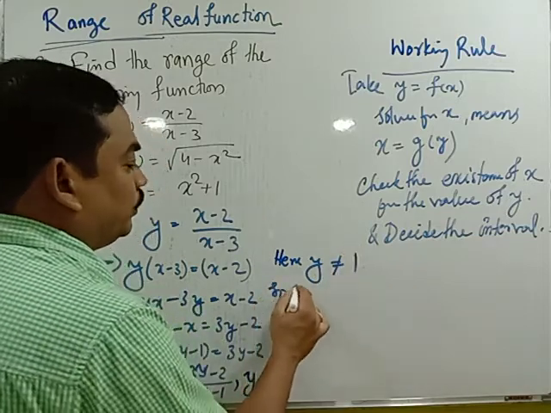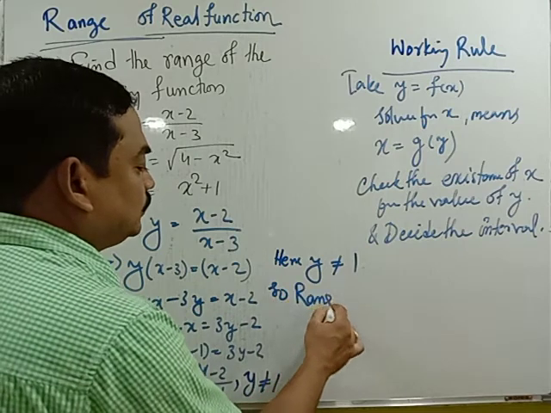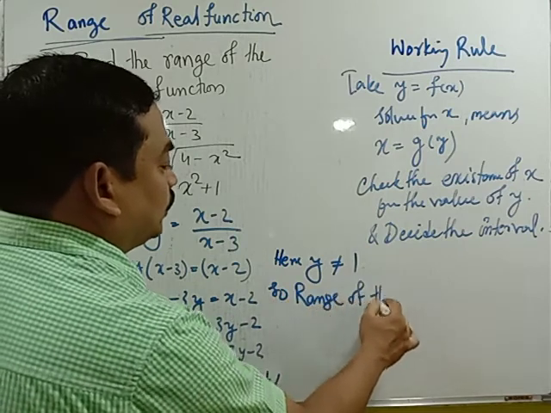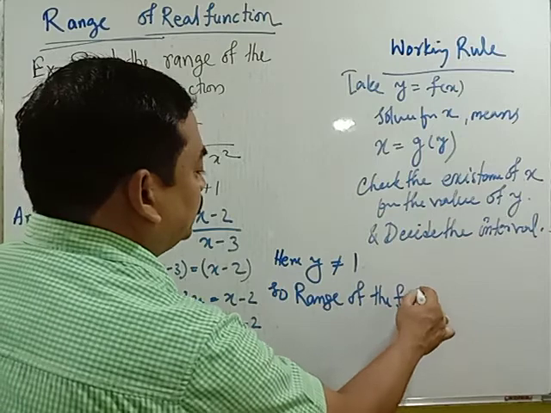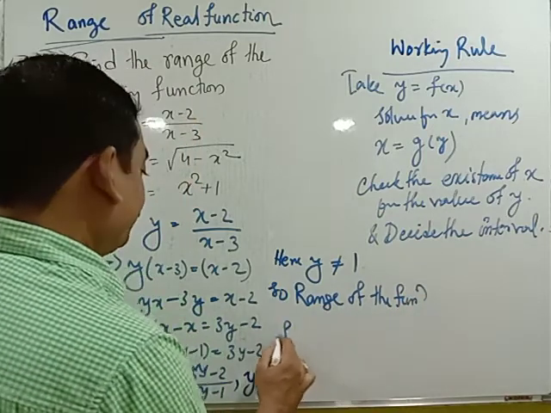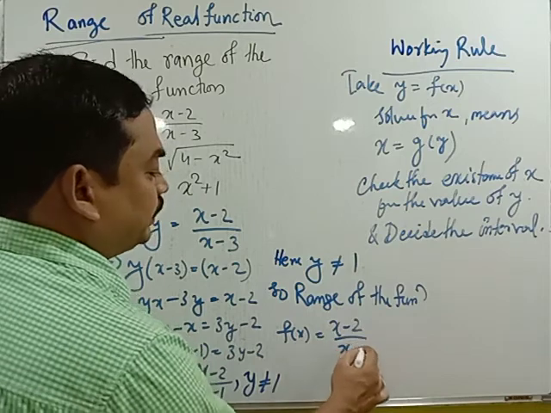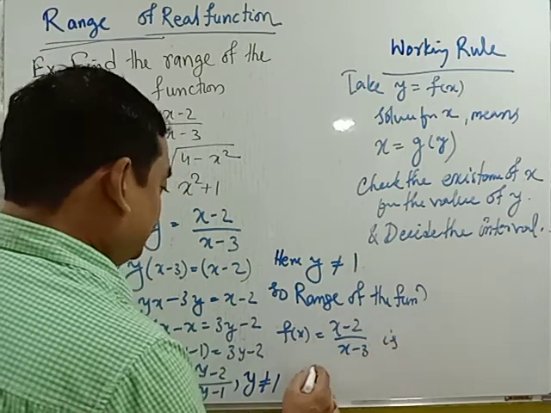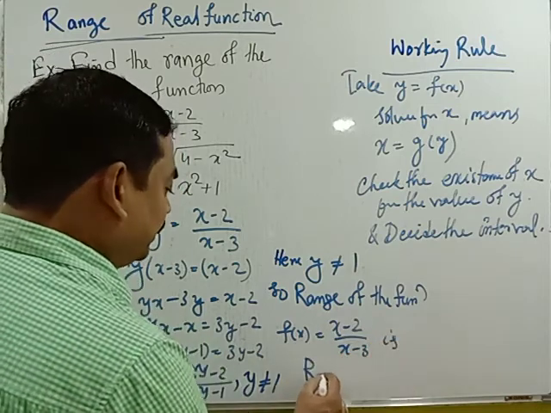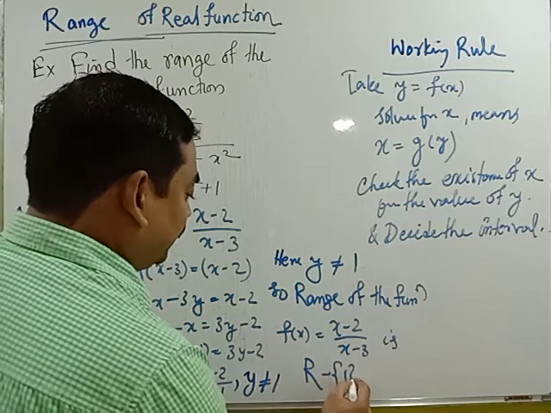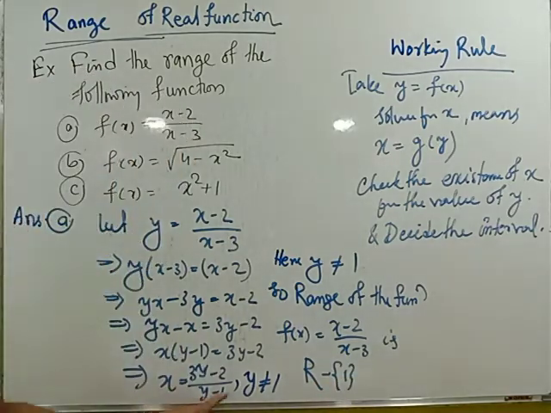So the range of the function f of x is equal to x minus 2 upon x minus 3 is R minus 1. This one you have to remove, and this will give you the range of this function.